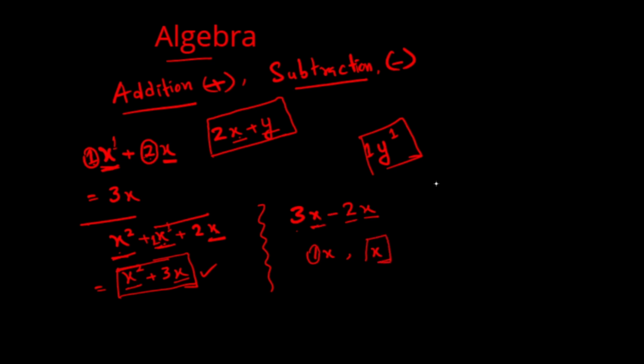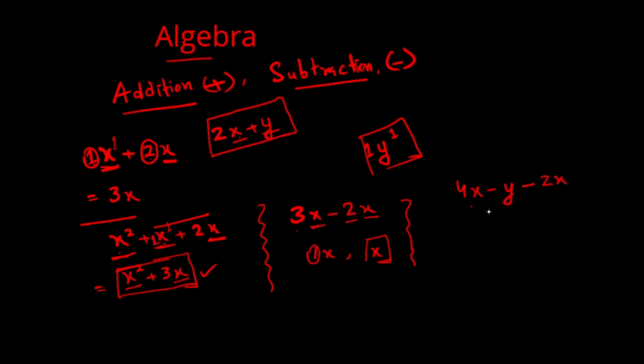So as you can see in another sum for algebraic subtraction, here 4x minus y minus 2x. So here you can see this is 4x minus y and minus 2x.